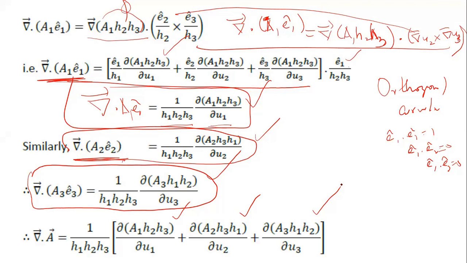For today, I think I should stop here, and I strongly advise everyone to check out my notes and work out the mathematical steps as I suggest. That will help you in understanding, instead of just memorizing the steps for the divergence of A1 E1 calculation. You can work out the divergence of A2 E2 yourself, work out the divergence of A3 E3 cap yourself.